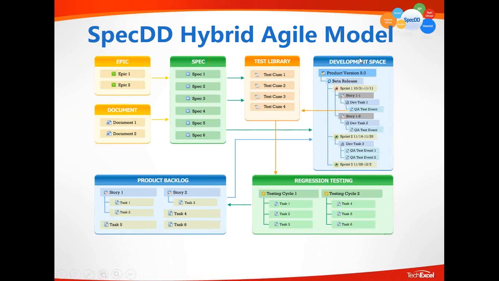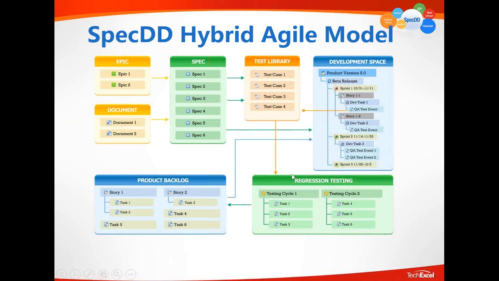Obviously, if you think about a Scrum process, it's really all lives inside the development space. But we added the requirement objects, we added the test case object, and we added the regression testing cycles, and the task representing the testing.